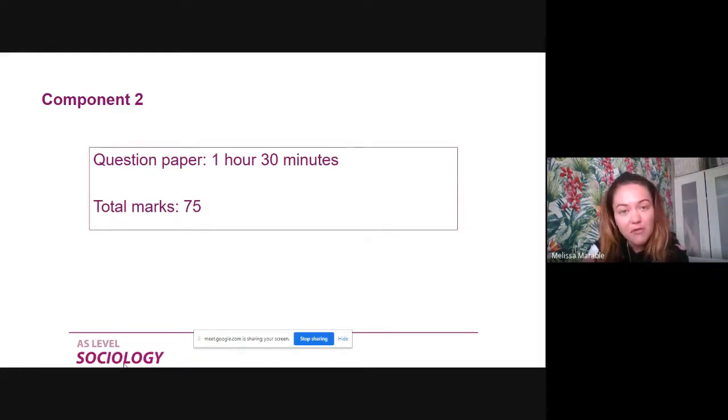Give yourself extra time. If on Thursday you find yourself completing it and then your alarm goes off at 1 hour 30, or you set yourself a timer, put a little star next to your margin where you are, or if you're typing, just say this is where the timer has ended. And if you want to carry on, please do so, but I need to see what you're working to as the time.